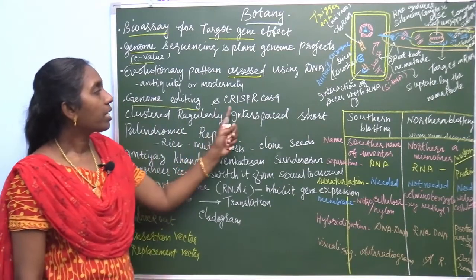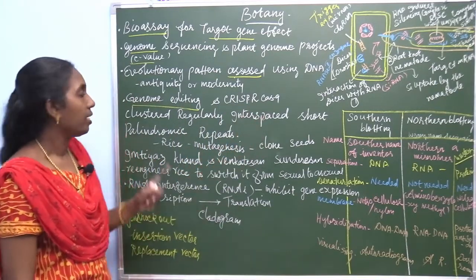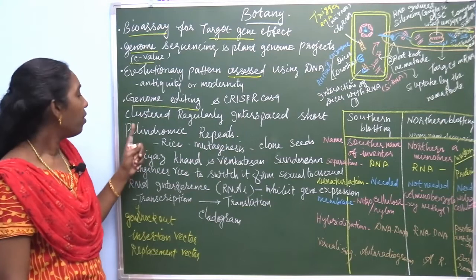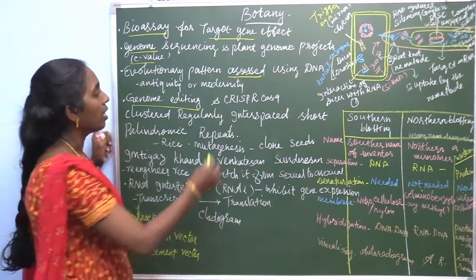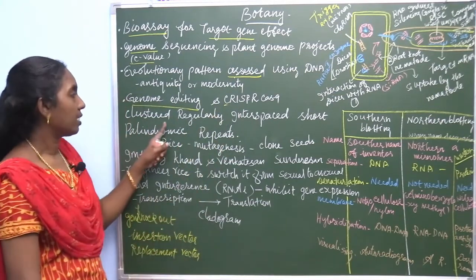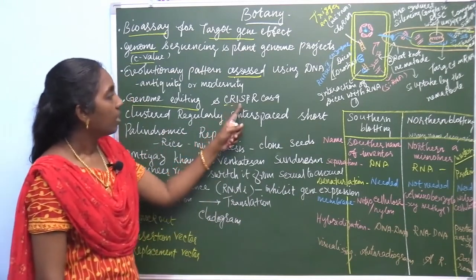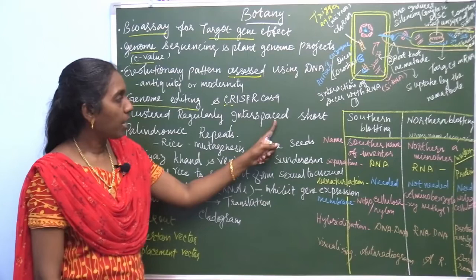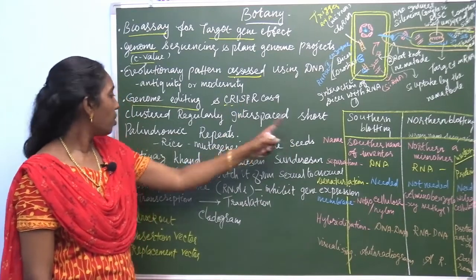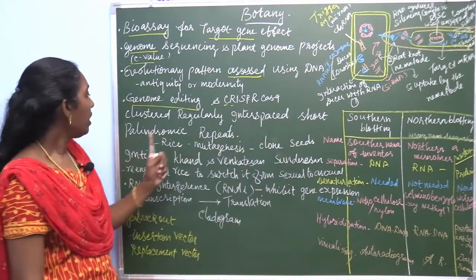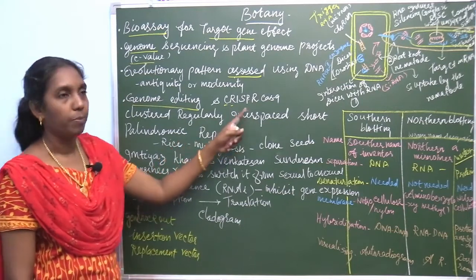What's meant by CRISPR? It is the short form of clustered: C represents clustered, R regularly, I interspaced, S short, and P palindromic repeats.